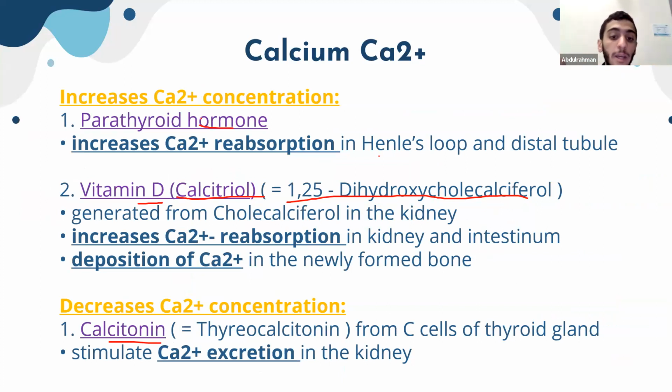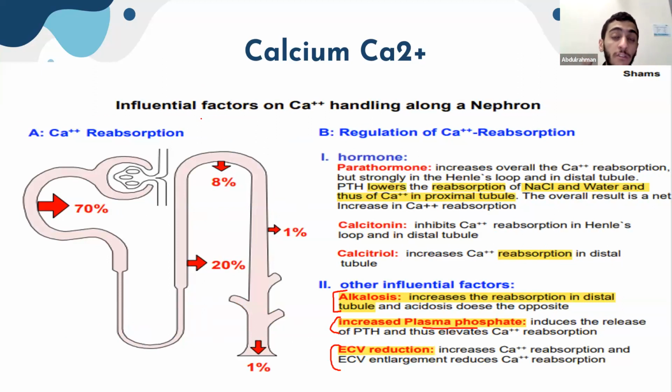It increases calcium and decreases phosphate. So if you have too much phosphate, you're going to have an increase in parathyroid hormone to get rid of this phosphate. And as a result, you're going to have reabsorption of calcium. So this leads to calcium reabsorption. Tamam? So the main mechanism, I'm going to repeat it one last time, is that there is going to be increased release of parathyroid hormone.